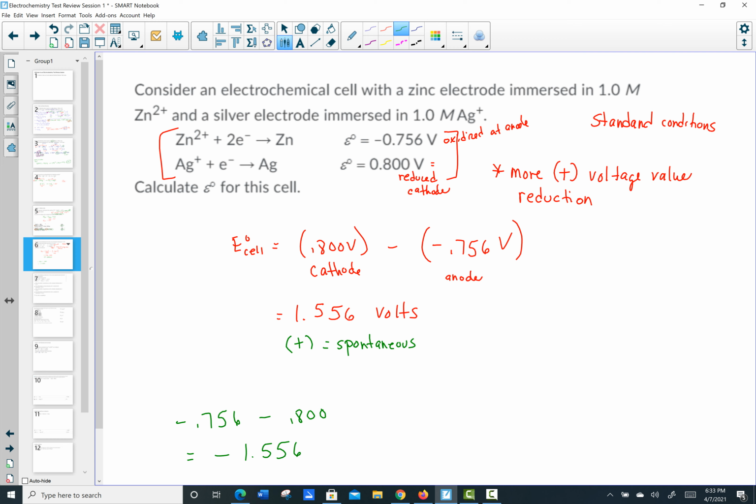The negative voltage would tell you that that's a non-spontaneous reaction. And this is clearly saying you have to decide which one is being oxidized and reduced to make voltage. So it must be positive when you're finished. Good. Okay, these are simple if we just understand how do I know which one to put first and second: cathode minus anode.